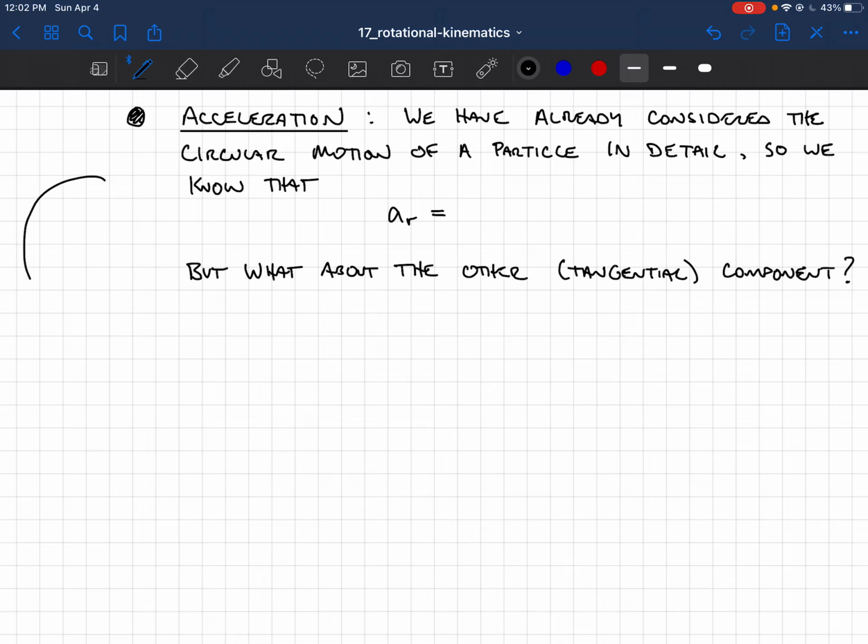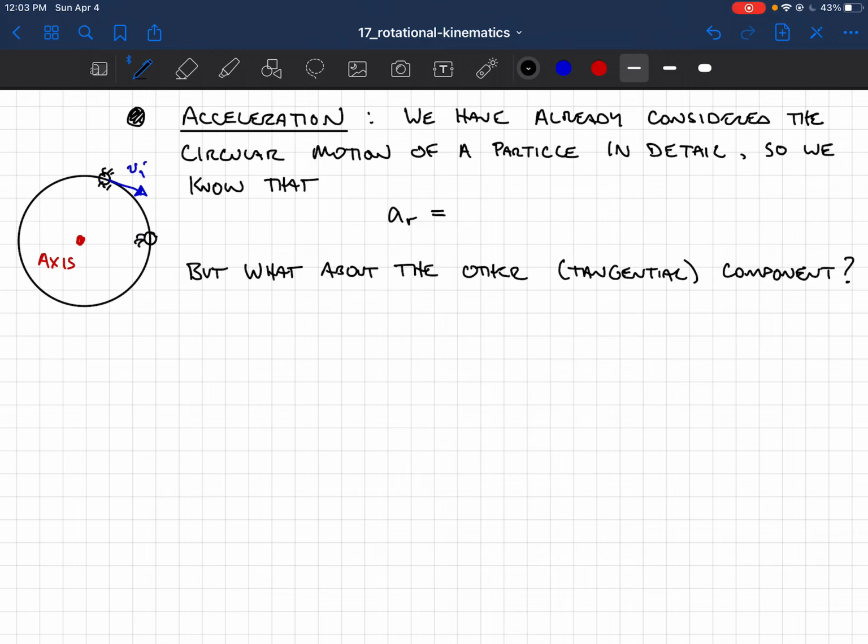We found in particular that if you have, for example, a bug traveling on a circle about the center of that circle, which we could call the axis, then if it has constant speed along the circle, its acceleration is v squared over r. That's the magnitude.